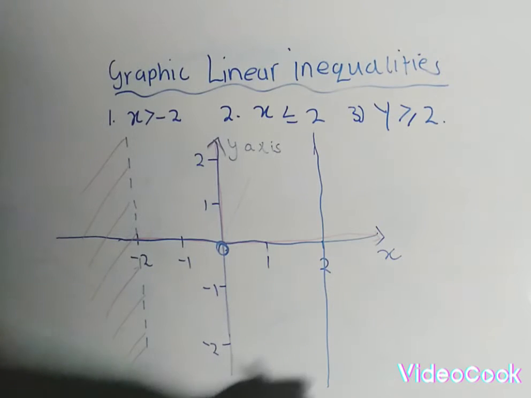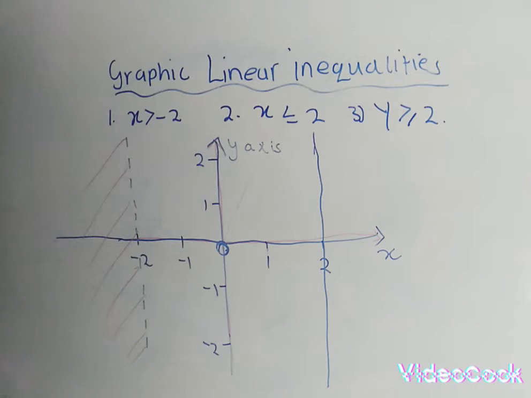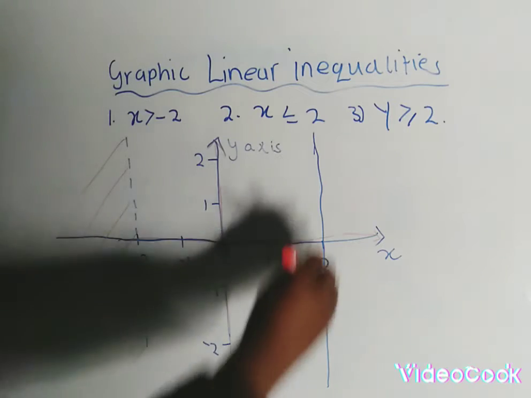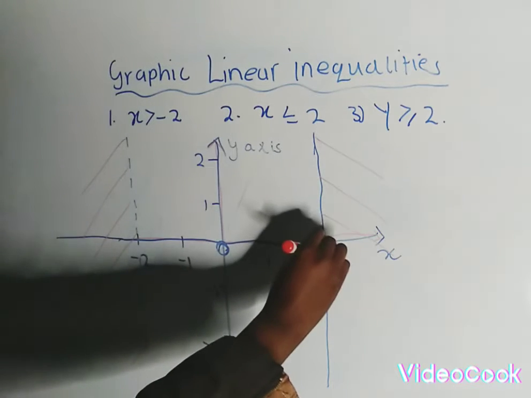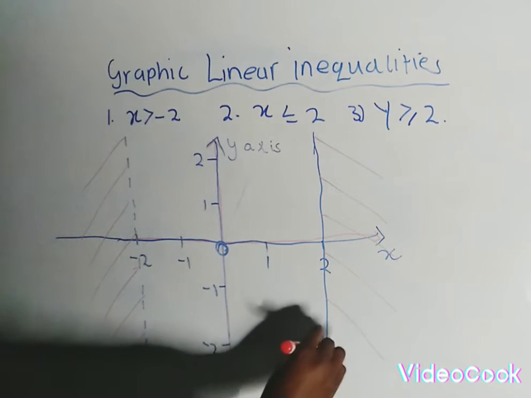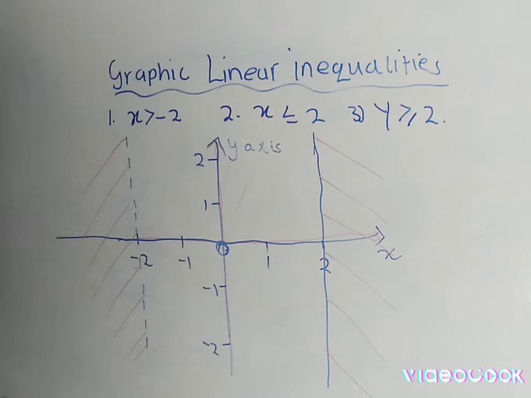A solid line simply means that your 2 is also part of the solution, it's included. Since it is less than or equal to 2, we don't want values that are above 2. So we shade the unwanted values, and these are the values this side, okay?